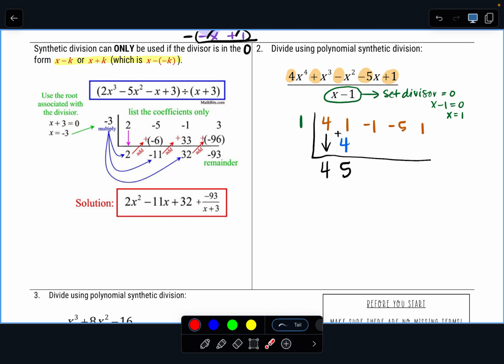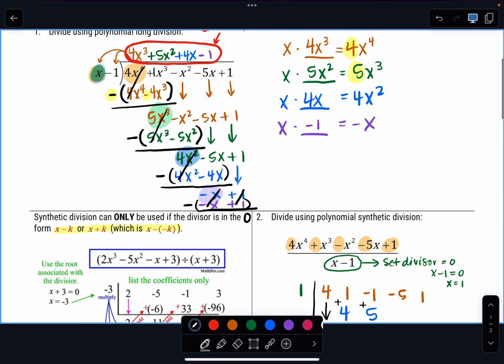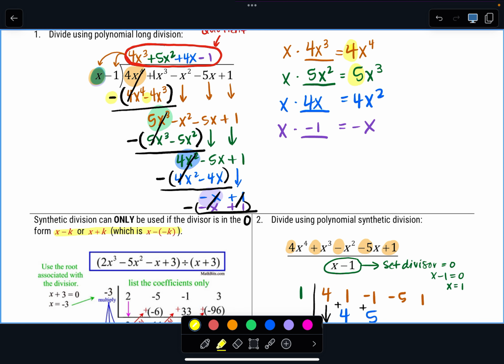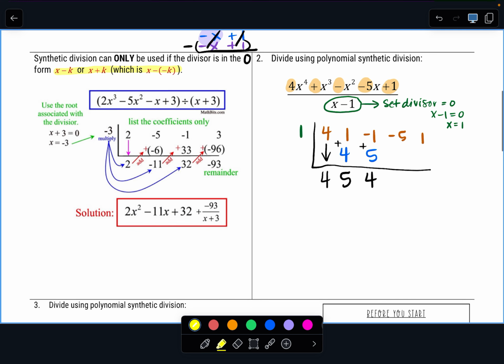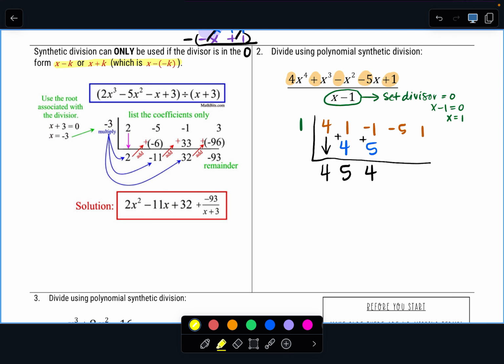What is 1 times 5? 5. I'm going to add: what's 5 plus negative 1? 4. Okay, let's look back at what we just did in number 1. The next number that we needed to make was what? 4. What number did I just get from synthetic division? 4. So this process is doing the division for you without the x terms.